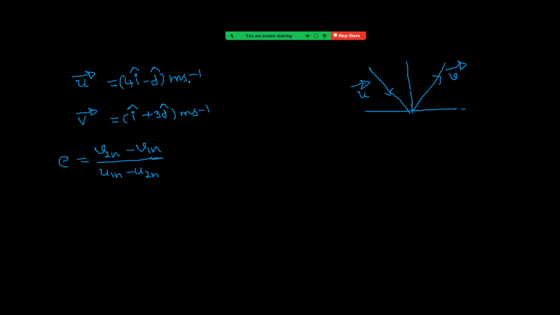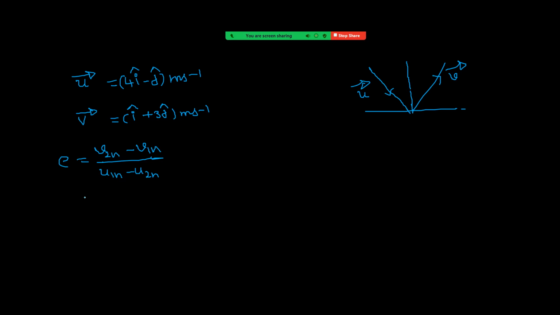We know that the change in velocity vector will be along the common normal. You can see along the floor there is no force. So along the floor there is no change in velocity components. So force is normal to the floor. Therefore, velocity changes only normal to the floor.